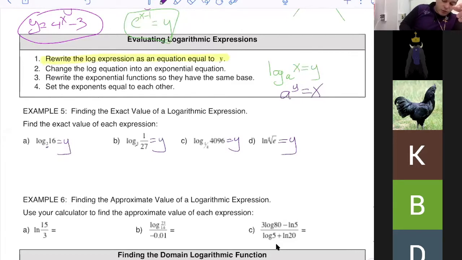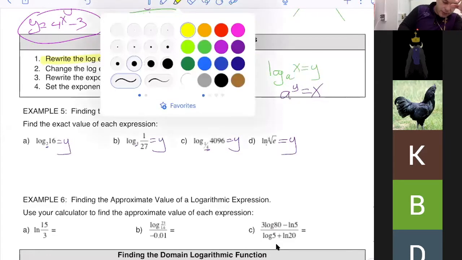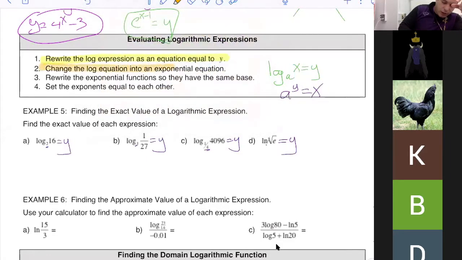What do I raise 3 to get 1 over 27? What do I raise 1/4 to get 4,096? What do I raise e to get the cube root of e? And that's why we put the y there, because the y is going to be that exponent that you raise it to get that.